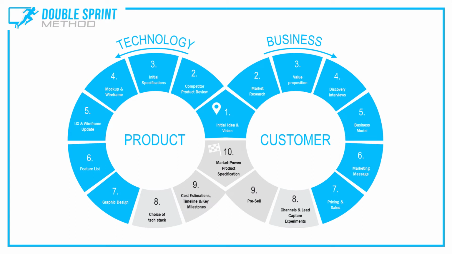Step number 8, choice of tech stack. You can talk to different developer companies, different development teams, and figure out on what kind of tech stack you should build your software or platform. What coding language, what platform, what frameworks you should use, and what kind of integrations and other technical specifications should be included.